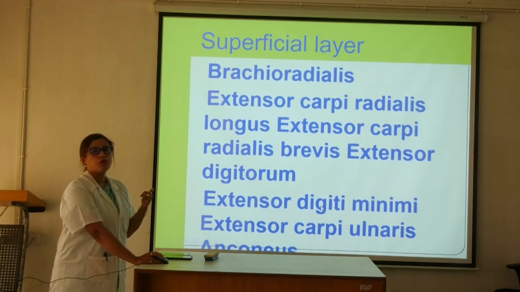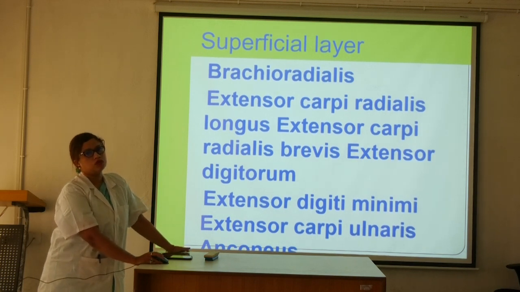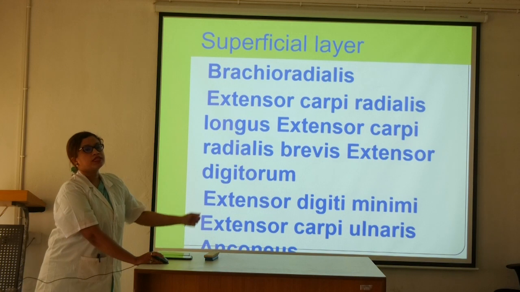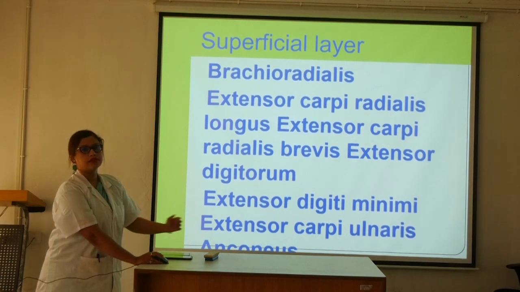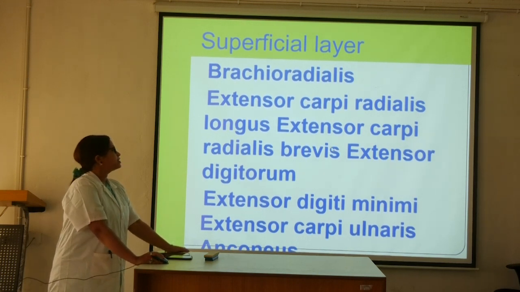Okay, and pollicis is another one. Okay, there are 2 pollicis. One is extensor pollicis, another one is abductor pollicis. So these are not only doing extension, there are also 2 muscles that are abductors. Okay, so these are the muscles in the superficial layer.